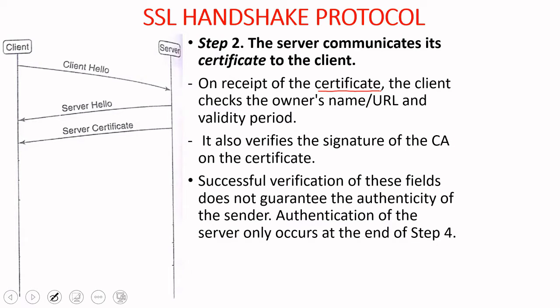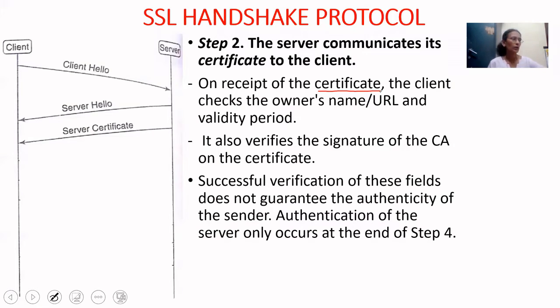As soon as this digital certificate is received by the client, first of all, it has to verify the authenticity of the certificate. So it checks the owner's name, that is the URL, whether it belongs to the same URL or not. It checks the validity period.